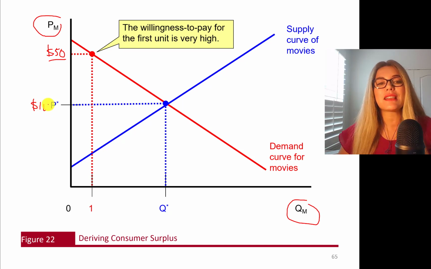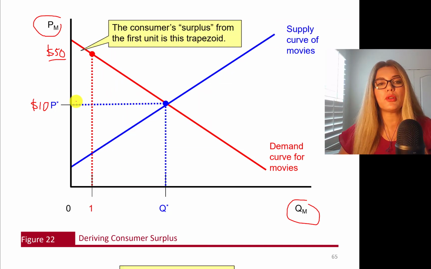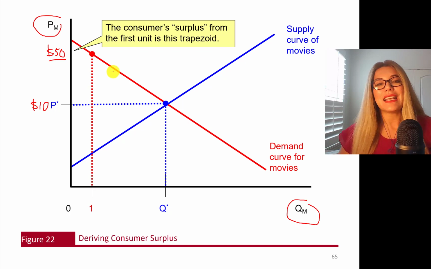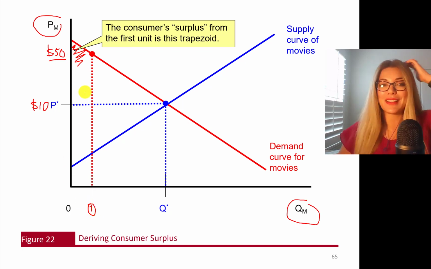But if he only pays $10, this $40 difference will be his consumer surplus. The actual price paid is much lower. Boom. Consumer surplus. It's not really just this $50, it's going to be this area, because this one is maybe like 1 million. Just keep that in mind, okay?